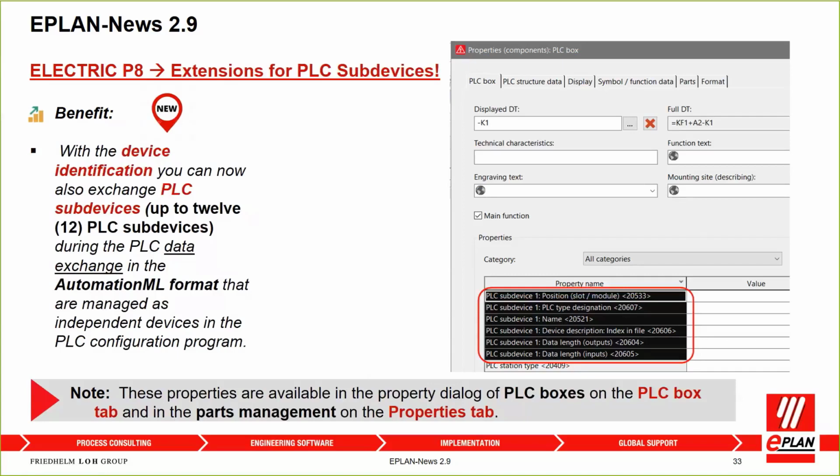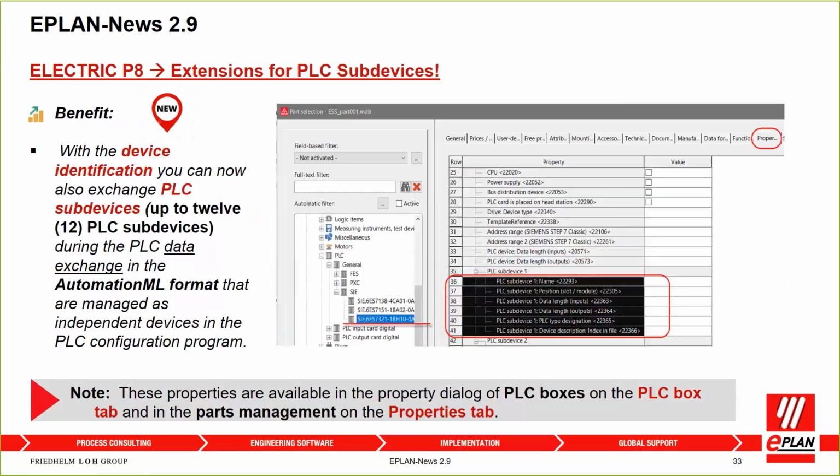This is a CPU, but it also does have onboard inputs and outputs, and this is how you define them here. And when you transfer the information out to Automation ML, it would go into Logix 5000. And you can set this up in the part itself, which is what it's showing there.